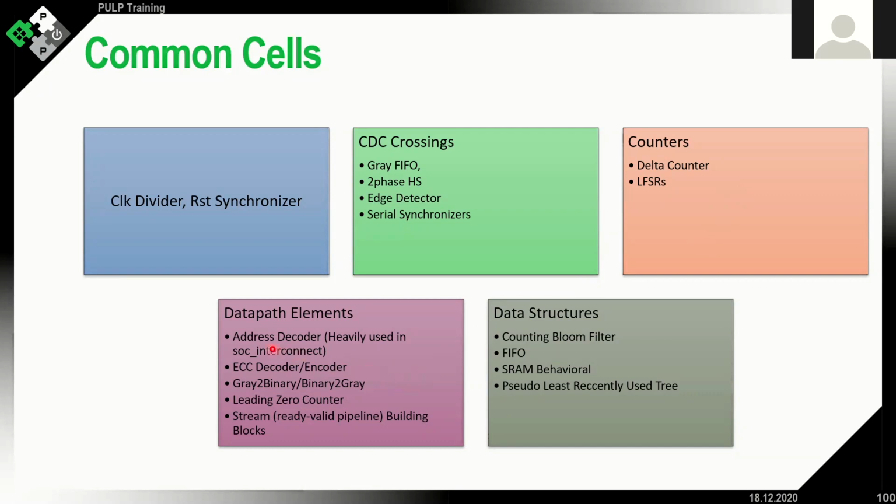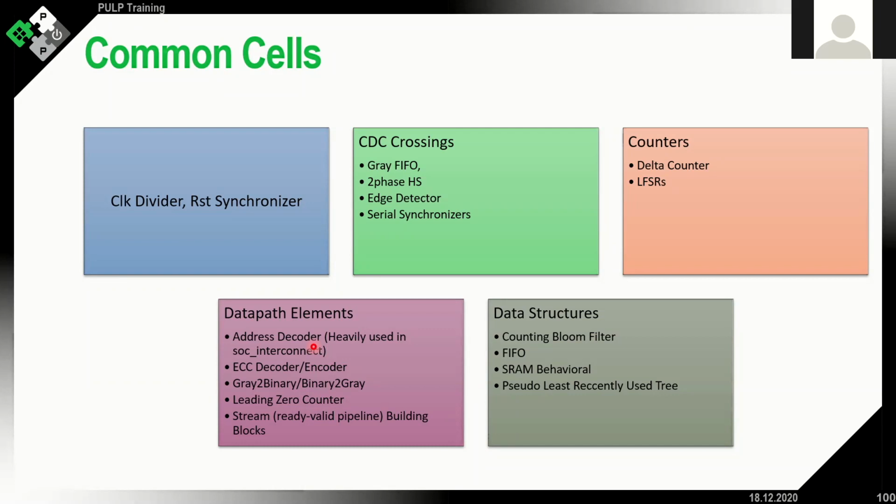The address decoder I want to highlight specifically because this is an IP that's used a lot in the new SoC interconnect that I was talking about yesterday, and also used a lot in the AXI IPs. And it's just an address decoder that accepts some address mapping rules.